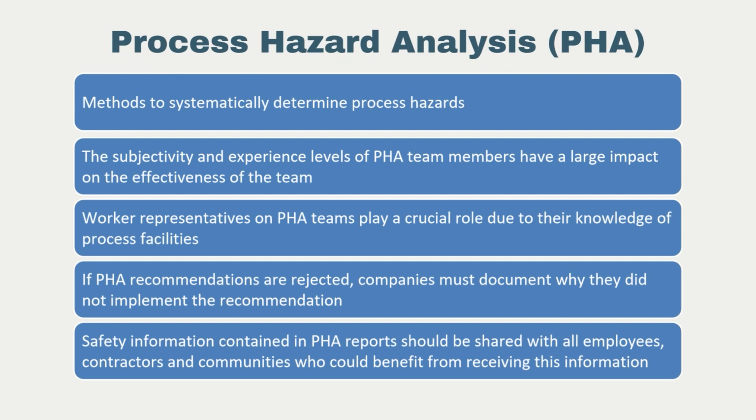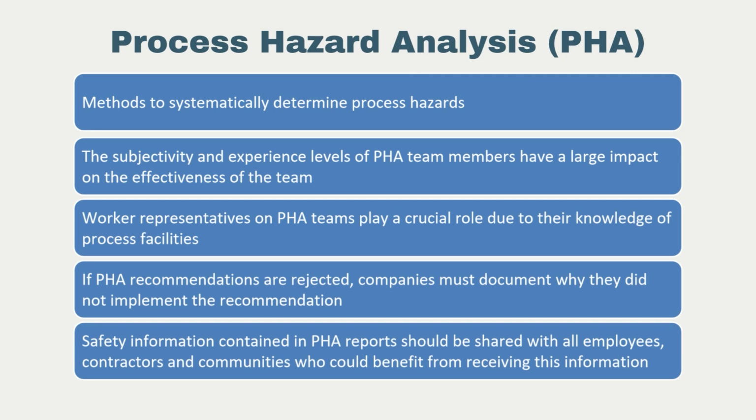These are methods to systematically determine process hazards, that is, during the process in the industry. However, the subjectivity and experience level of PHA team members have a large impact on the effectiveness of the team. It is important to have worker representatives on the PHA teams because they play a crucial role due to their knowledge of the process facilities.